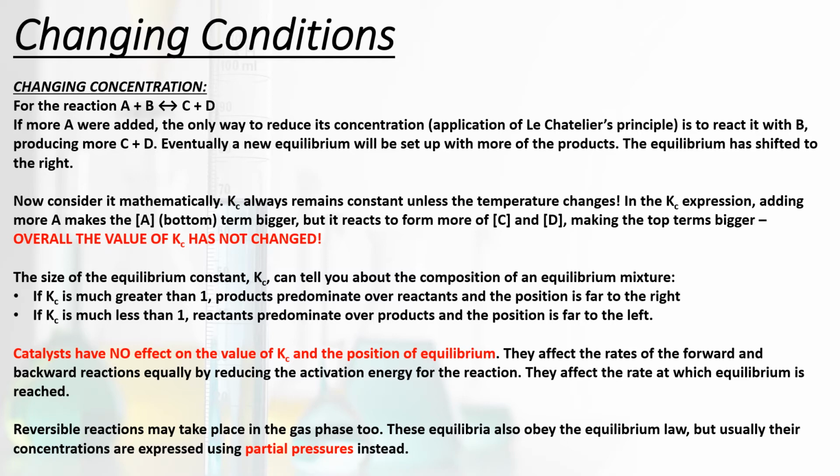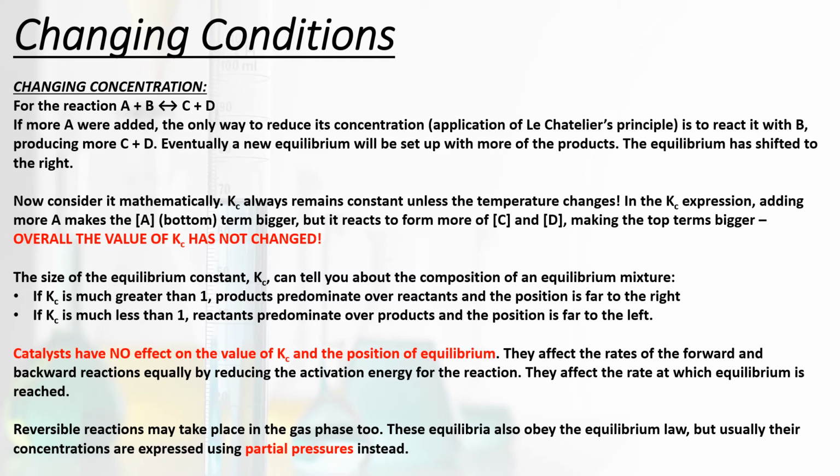And actually what you'll find is that the amount by which these terms both increase is exactly the same. And so the overall value of Kc does not change. Even though we've added more A in, that's made more C and D, so we've increased both the reactants line and the products line, and therefore the value of Kc has not changed. So even though our equilibrium has shifted to the right, the position of equilibrium has changed, the overall value of Kc has not, unless the temperature changes.